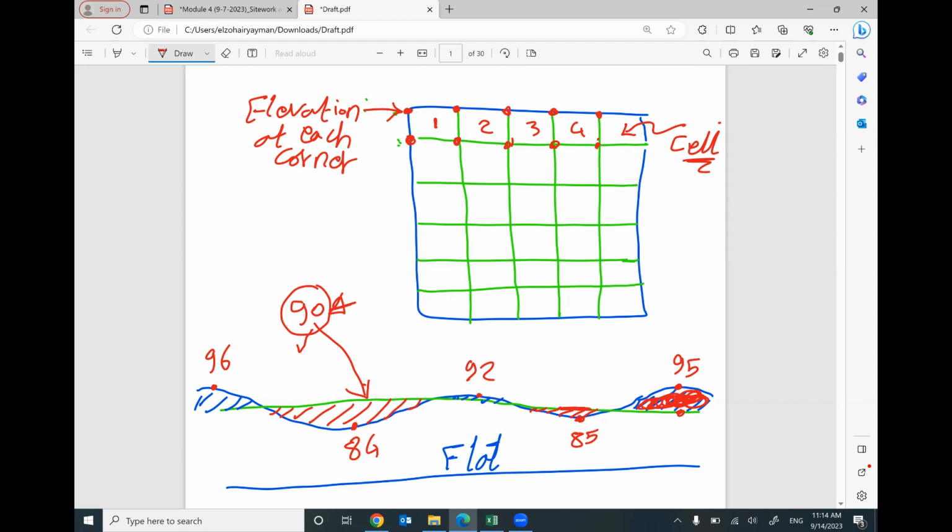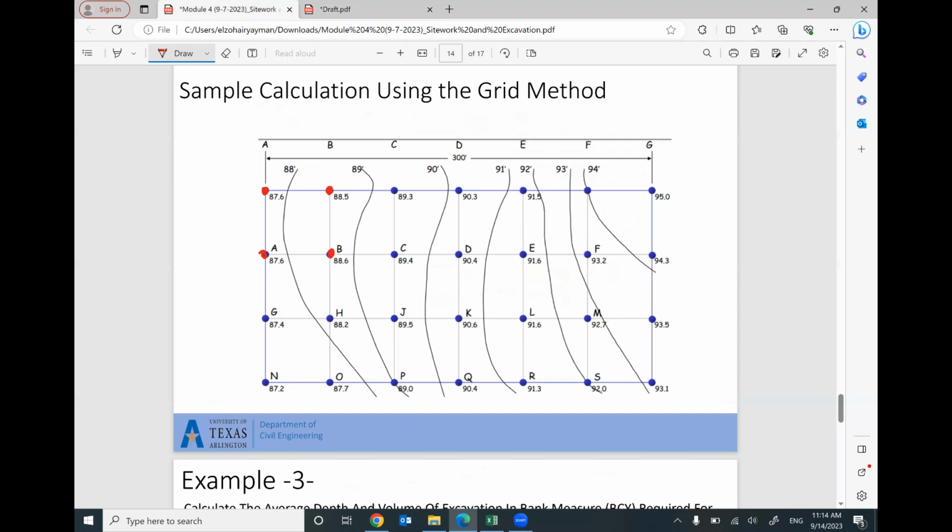Okay. So what should I do here? I will repeat this example, but in a different scenario. I would like to grade this area of land to elevation 90 feet. So you have two options.